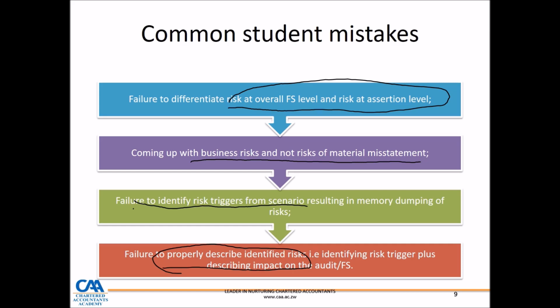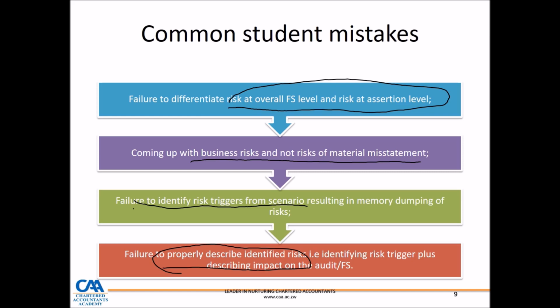And normally failure to describe audit risk, I would say, is also a byproduct of poor accounting knowledge. Because at times you do not know the specific accounting implication, you are also going to struggle with coming up with the specific impact on the financial statements.